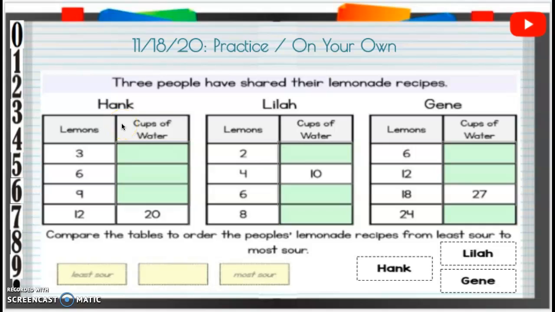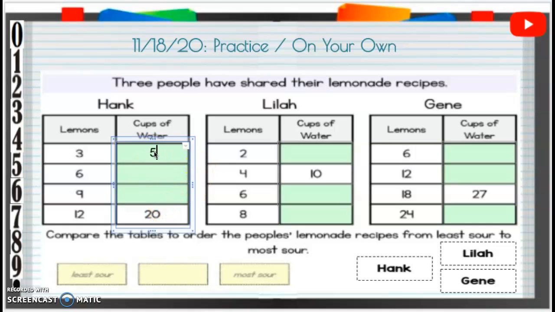First, what we need to do is finish our table. We can either fill out our table by looking side to side, or we can go up and down. How do you get from 3 to 12? I know 3 times 4 is 12. So if I go the opposite way, what times 4 equals 20?